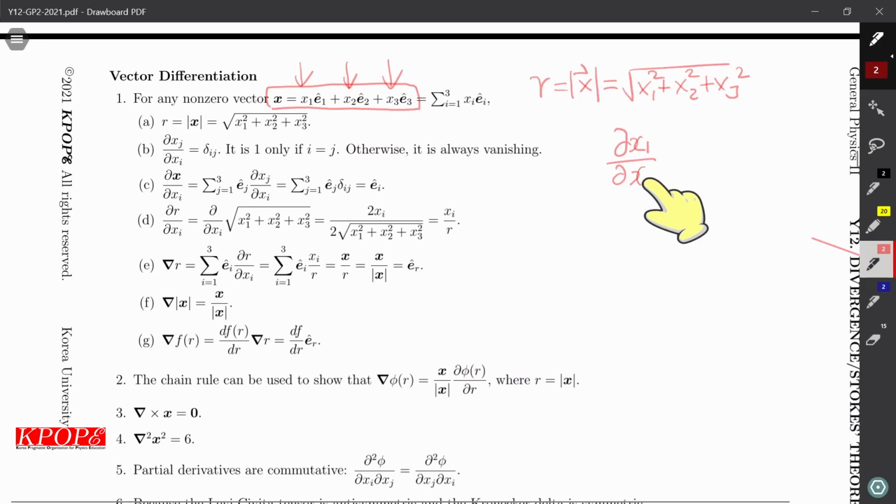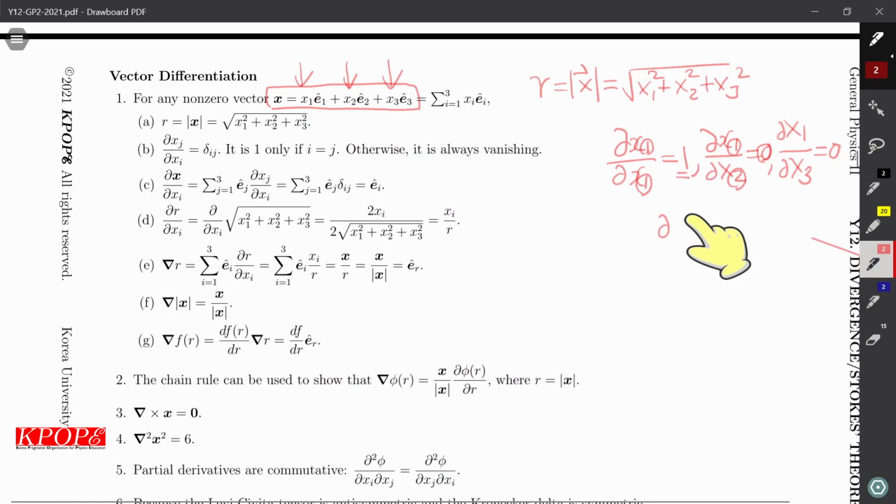The partial derivative of x1 with respect to x2, because they are different, is 0. x1 with respect to x3 equals 0. In a similar manner, if the two indices are the same, it is 1; if the two indices are different, it is 0.